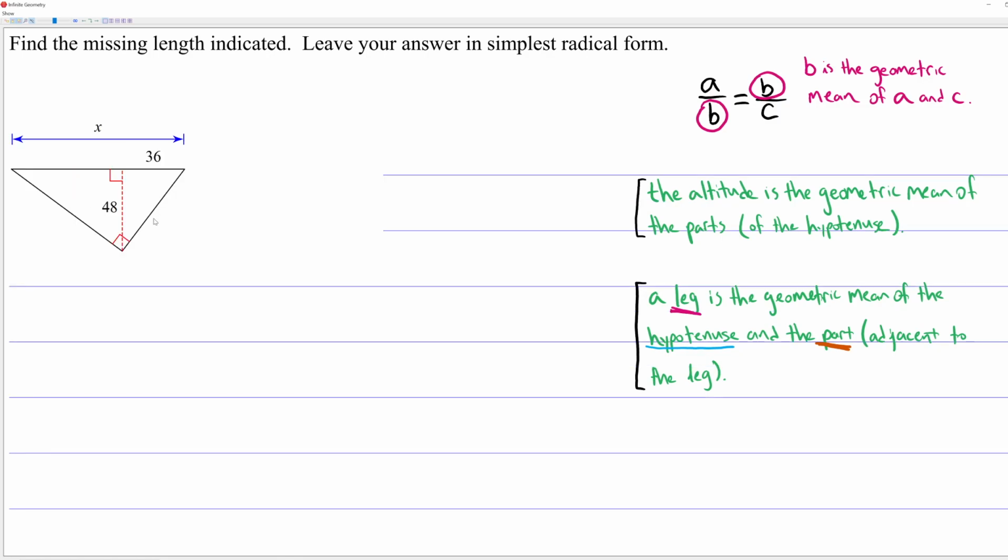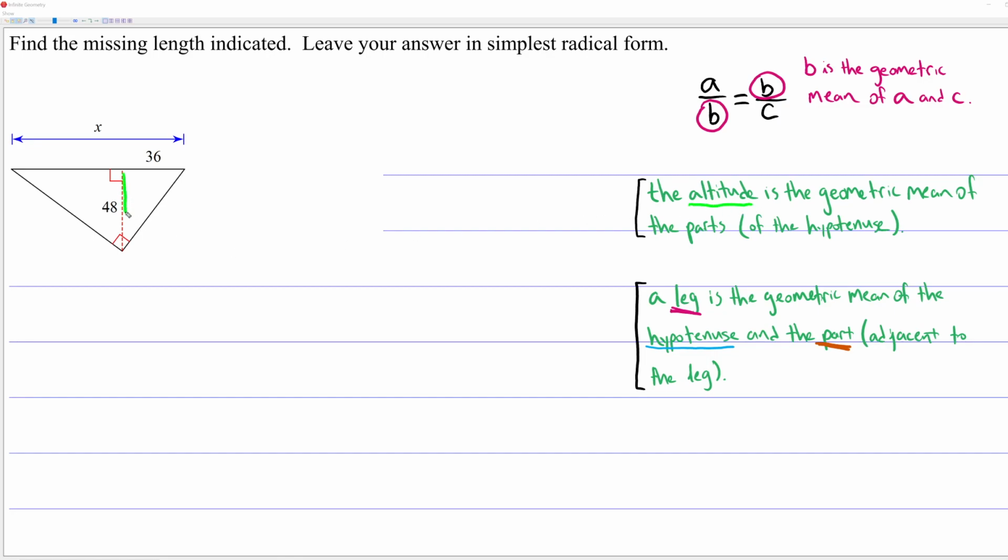So here, 48 is the altitude, and that has been labeled. So let me see if I have any different colors here. The altitude, I'll do that in this lime green.